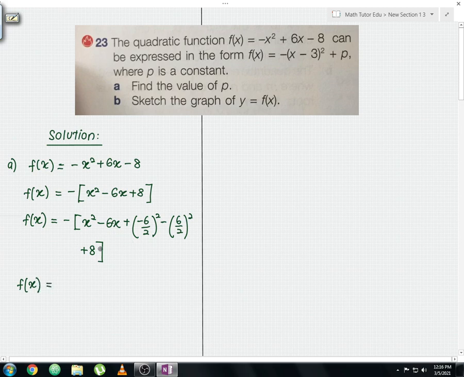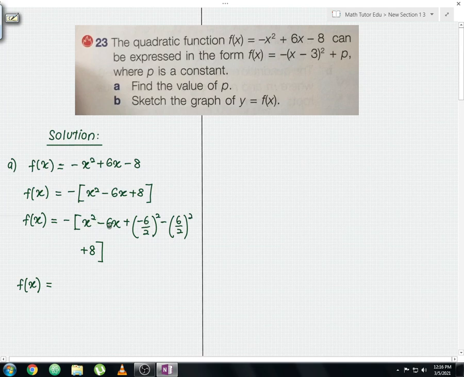As you look over the first three expressions over here, these three expressions you can reduce into a quadratic factor. As you can see here, you have x squared minus 6x and then plus 9. How do you get 9 over here? You solve the inside bracket first. Negative 6 over 2 is negative 3, and then you square it. So negative 3 squared is 9.